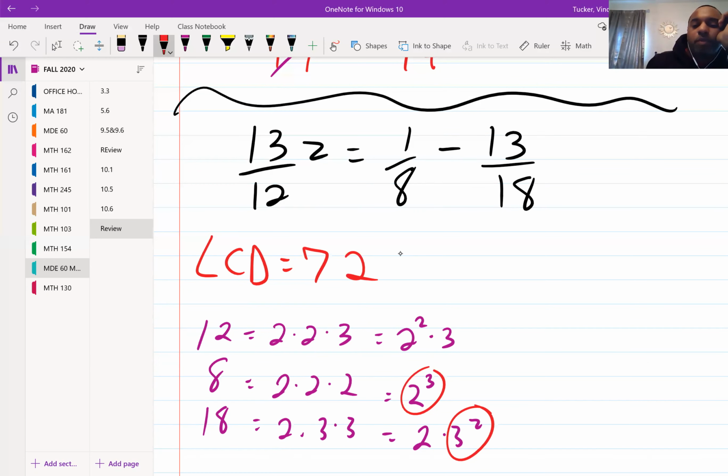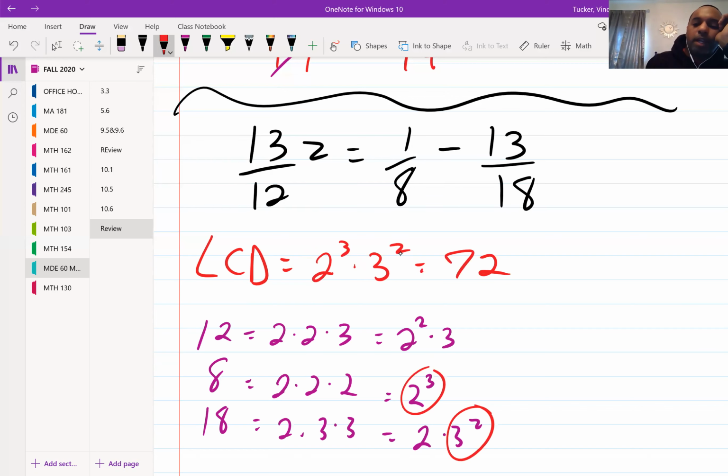If you've ever dealt with this process, what I did was break them down to prime numbers and then write them as exponents. Then the highest exponent of each different prime number is what I took. So I could have said 2 cubed times 3 squared, 72.